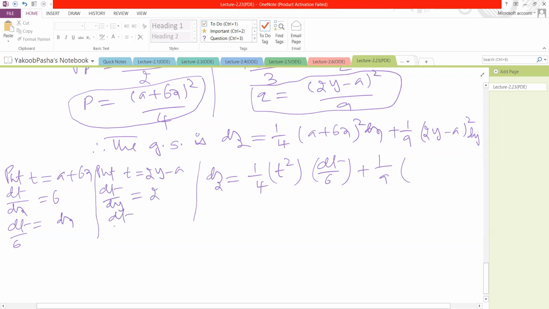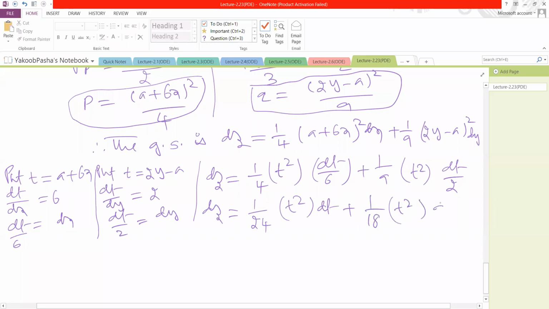So dt by 2 is equal to dy. And in this place we can write t square into dy means dt by 2. So I am writing dz is equal to 1 by 24 t square dt plus 1 by 18 t square dt.